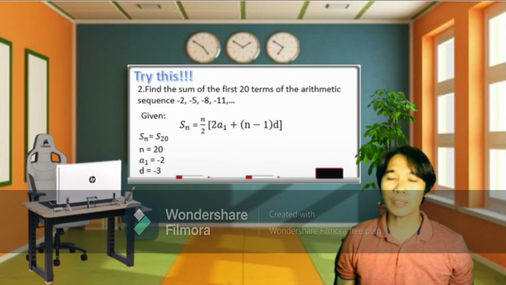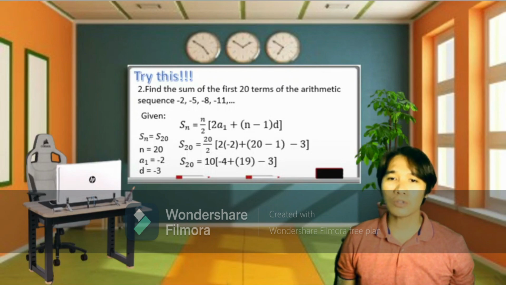Using the formula S sub n is equal to n over 2 multiplied by 2 times a sub 1 plus n minus 1 times d, and substituting the values, we have S sub 20 is equal to 20 over 2 times 2 times negative 2 plus 20 minus 1 times negative 3. So perform first the operations inside the parentheses. 2 times negative 2 is negative 4.